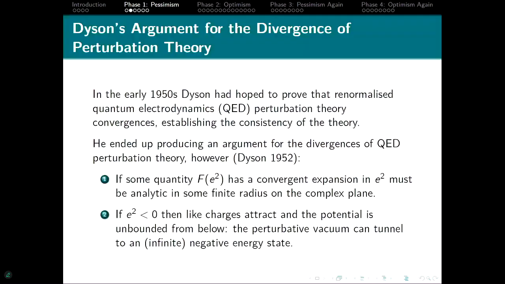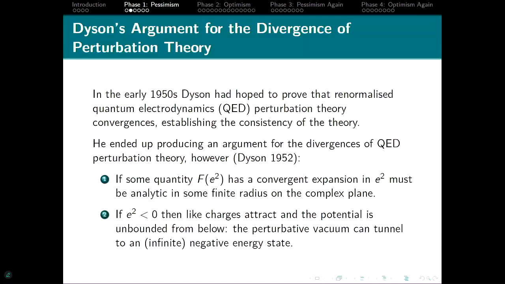Okay, so Dyson, as I said, was originally very optimistic. He was hoping to prove that QED perturbation theory converges, and he viewed that as a demonstration of the consistency of QED.